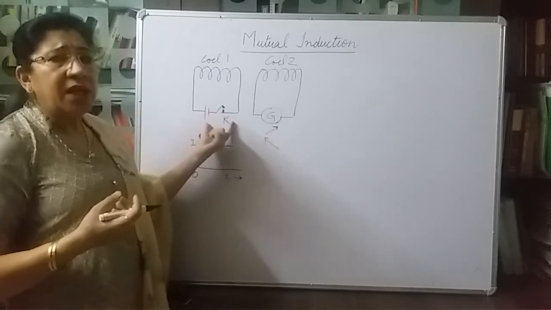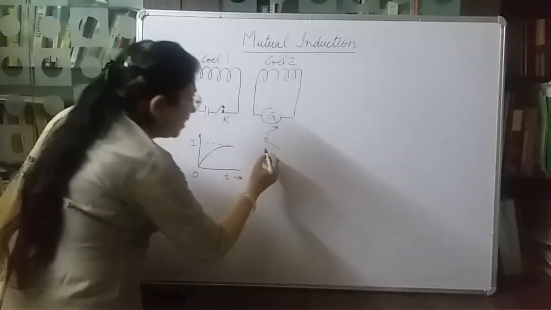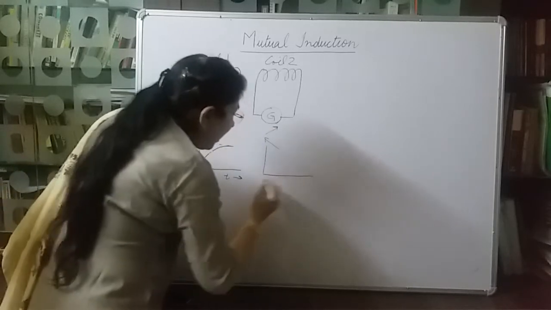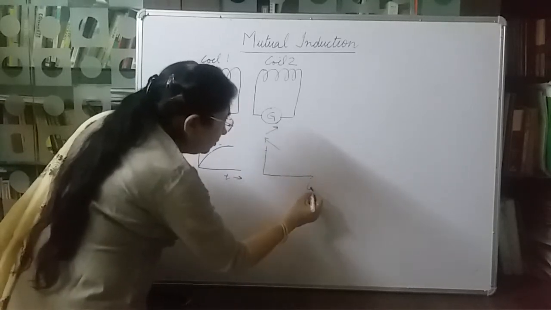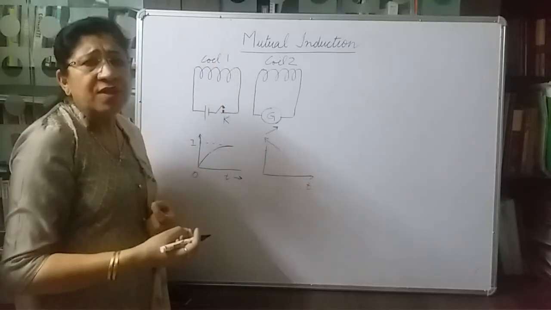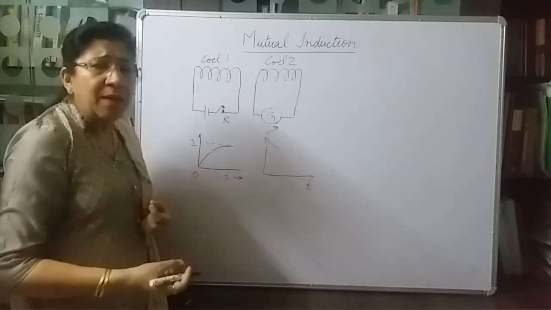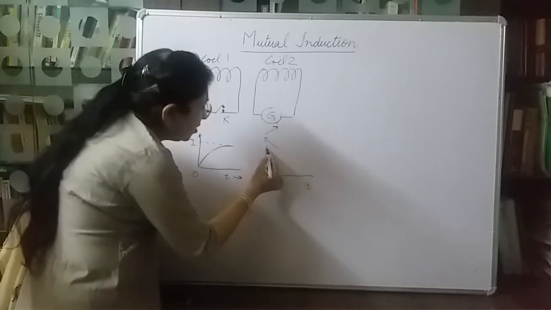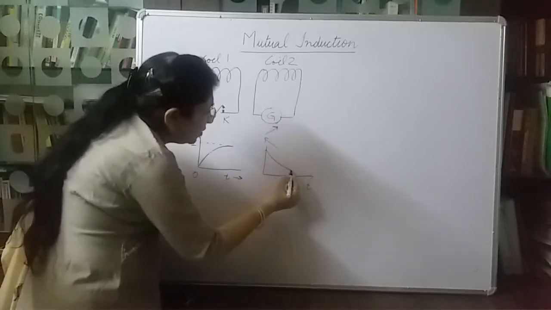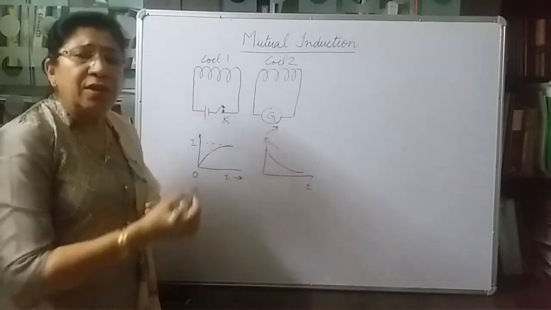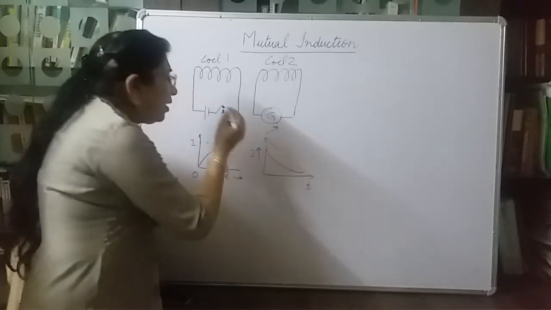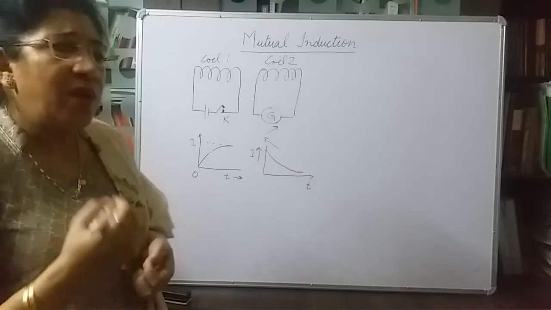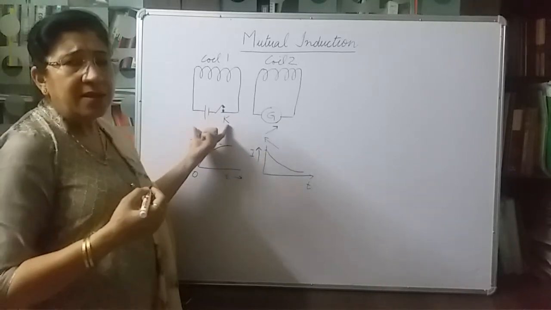Similarly, when the key is released, at that time the current was I, and now it has to fall to 0. It can't suddenly come to 0. It takes time to fall to 0. This is the graph for the fall of the current when we release the key K, that is when we make this circuit open.